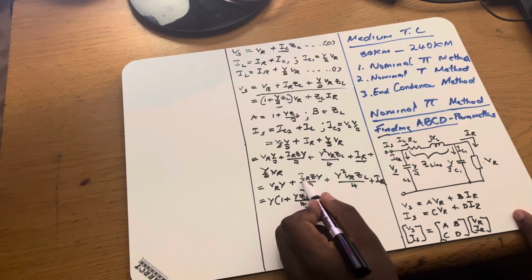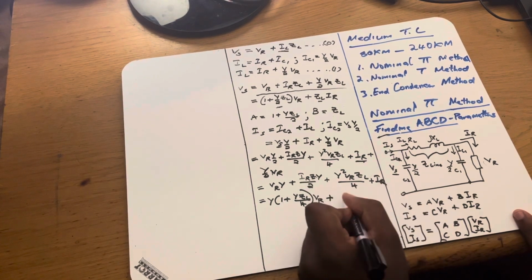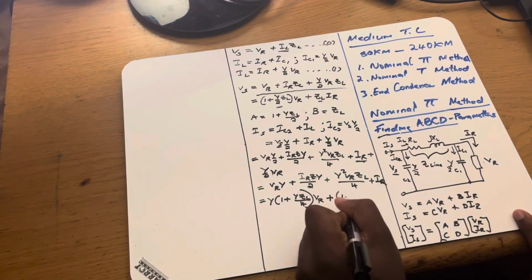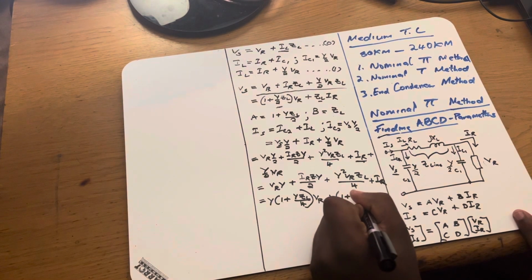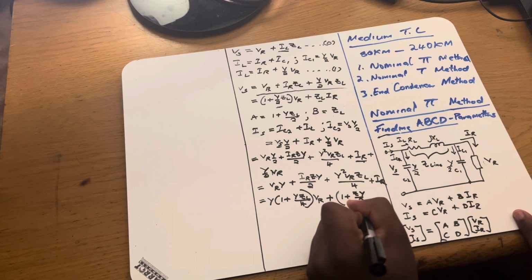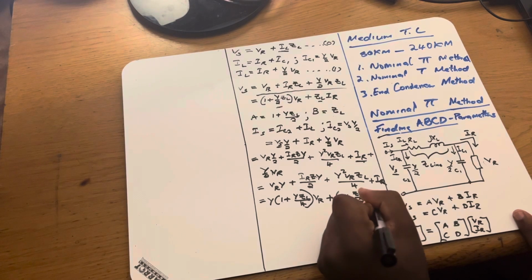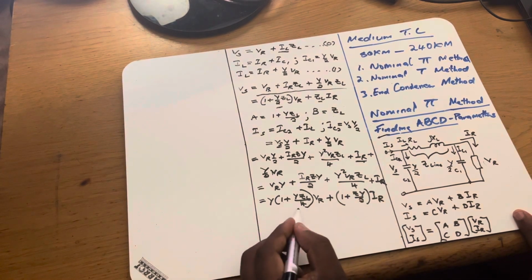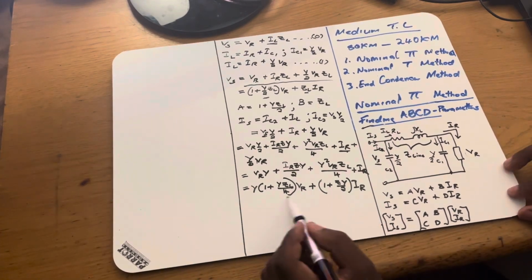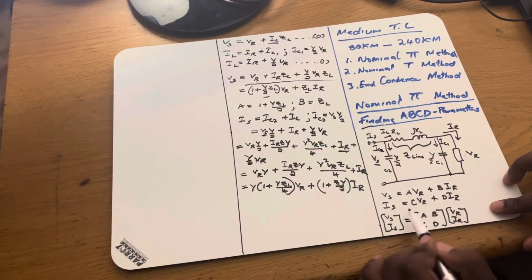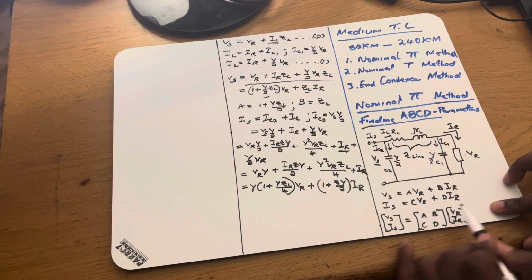So now we have a common IR. So we can say 1, taking IR out, plus Z Y over 2 into IR. Okay, so now we've managed to put this equation in this form of an ABCD parameter breakdown.